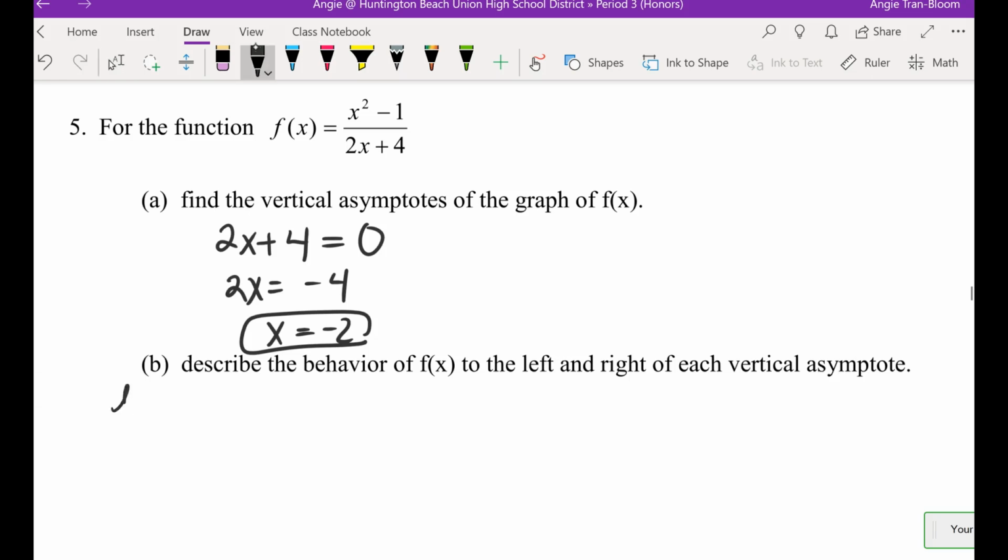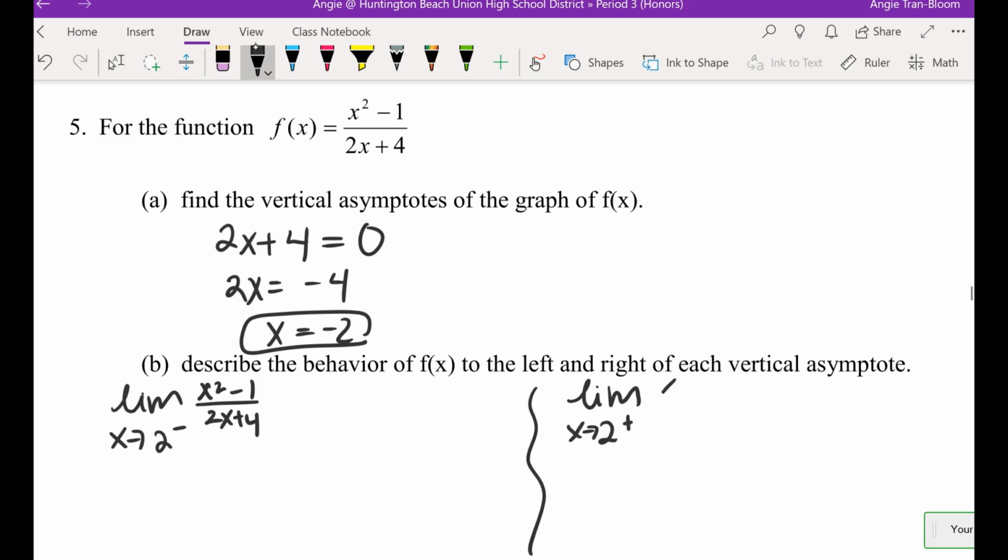So limit as x approaches -2 from the left of x squared minus 1 all over 2x plus 4, and then limit as x approaches -2 from the right of x squared minus 1 all over 2x plus 4. This is what it's asking. Would you guys agree? Why would it be approaching 2 instead of -2? Oh, good eye. Thank you, Amy. It's -2 and -2.